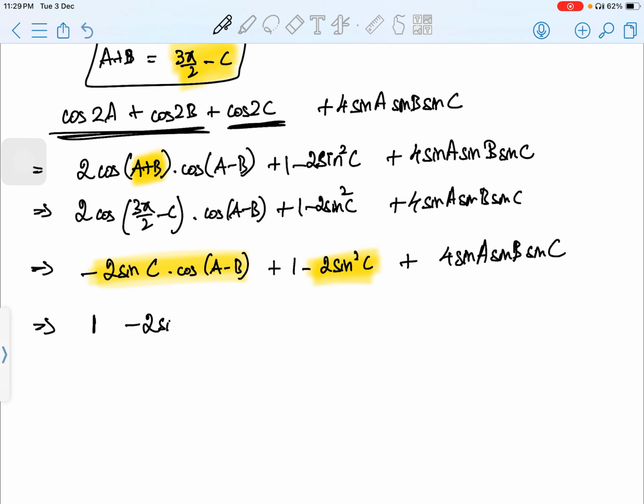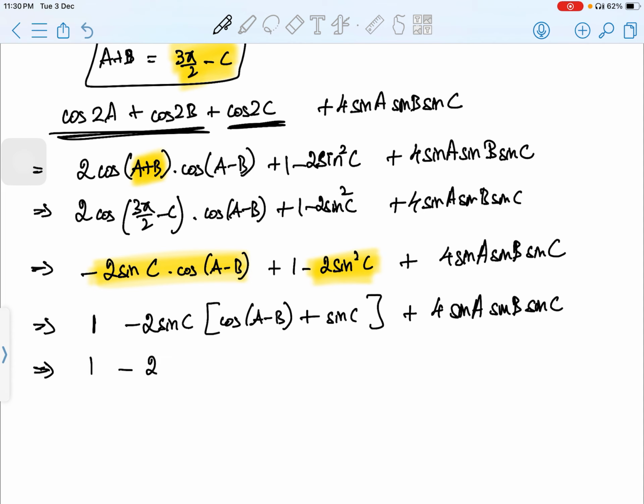From these two terms, you take 2 sin C common. You are left with cos A minus B, and again you are left with plus sin C. Okay, so plus 4 times sin A, sin B, sin C.